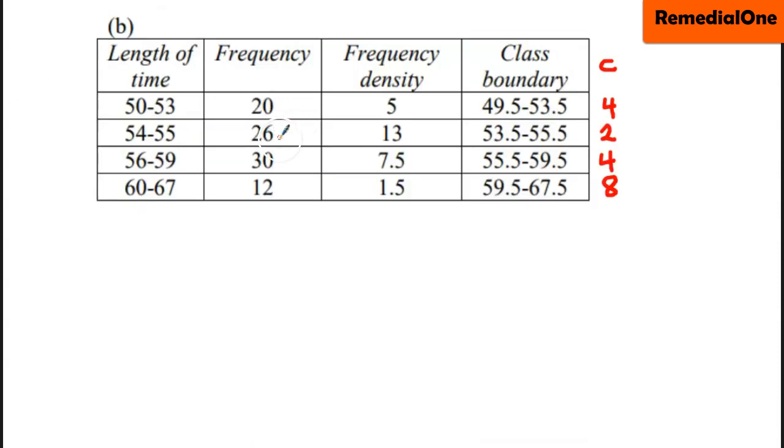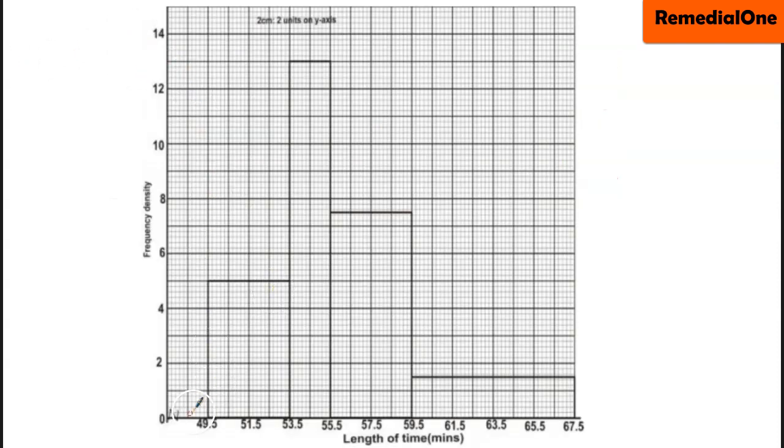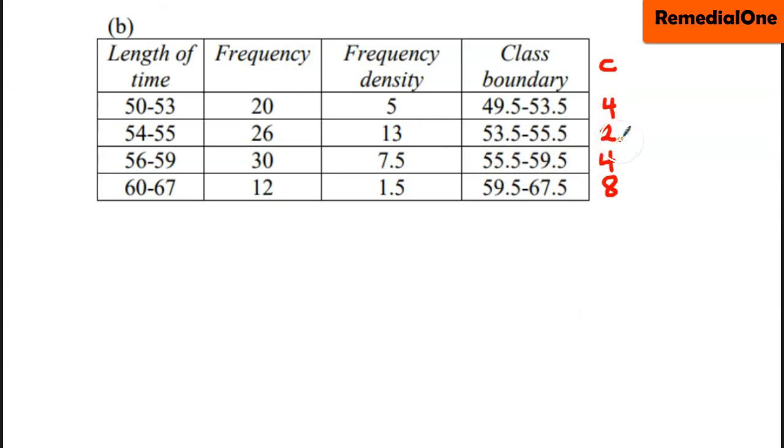Okay, so let's come to the graph. Now, on the table, the class boundaries are there, 49.5 to 53.5. Now how do we plot the histogram? On the vertical axis, the y-axis, we have frequency density. And on the horizontal axis, we have the length of time. From the first boundary, 49.5 to 53.5, the class size is 4. So you need to go through all the class sizes, and the least is 2.